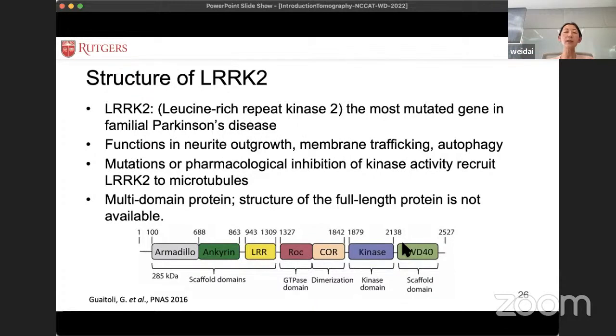And this protein is very important, but the full-length protein structure is not available because of, maybe, challenges in purification or the complex domain organization. It's a multi-domain protein made of multiple domains connected with certain linkers. Some of the linkers are very flexible. Okay.